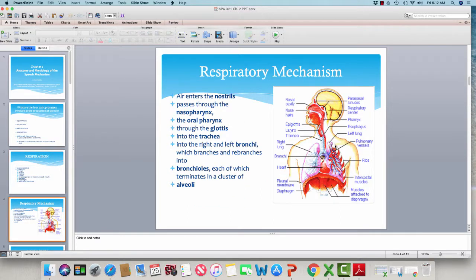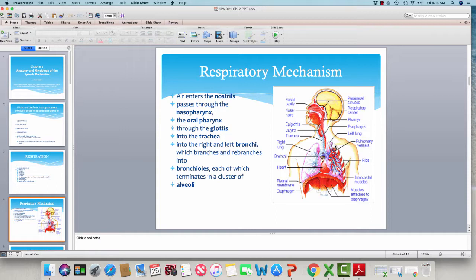So here is a picture of our respiratory mechanism. Of course, our air enters through the nostrils and it passes through the nasopharynx, which is the passageway that connects the nasal passage and the pharyngeal passage. You have the oropharynx, which is connecting the oral cavity to the pharyngeal passage.